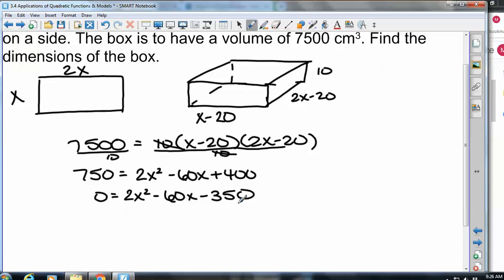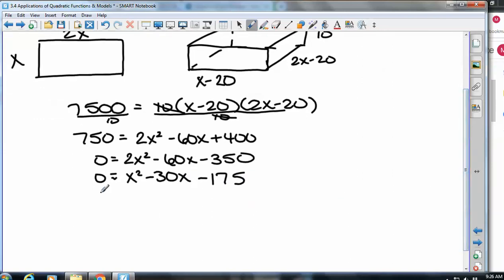Notice anything about these? Anything I can do to get my numbers smaller on this one? Okay. So that wasn't necessary. You could have just gone quadratic formula. Let's see if we can factor this one.